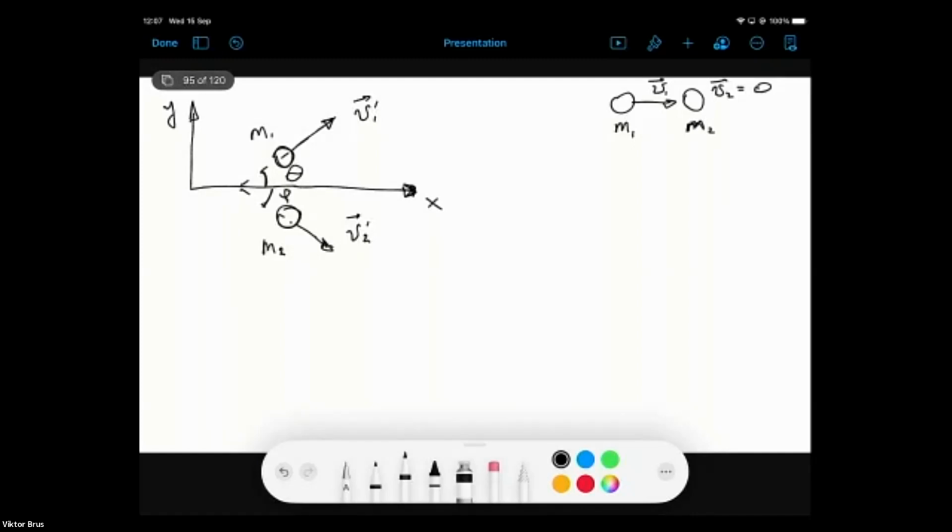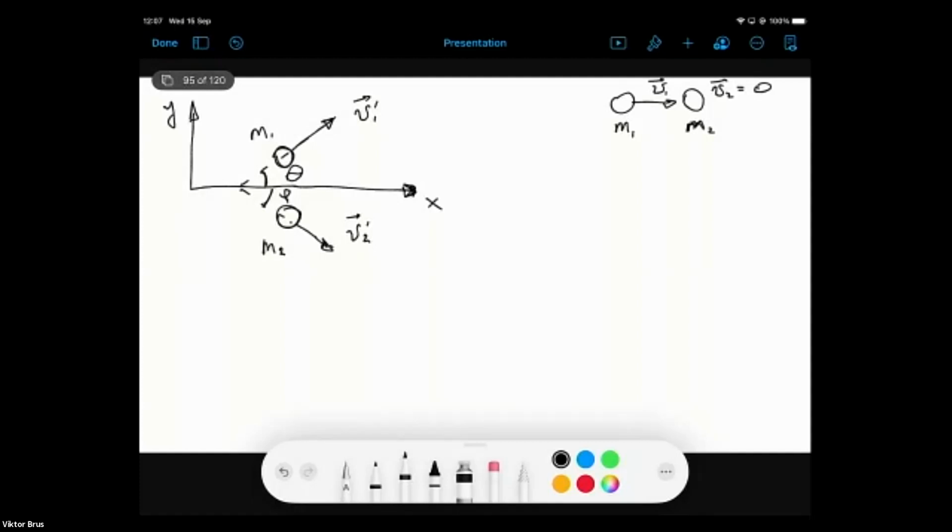So in order to approach this, we need to consider that we have conservation of the linear momentum vector, and that is true for projections of these linear momentum vectors on different axes.